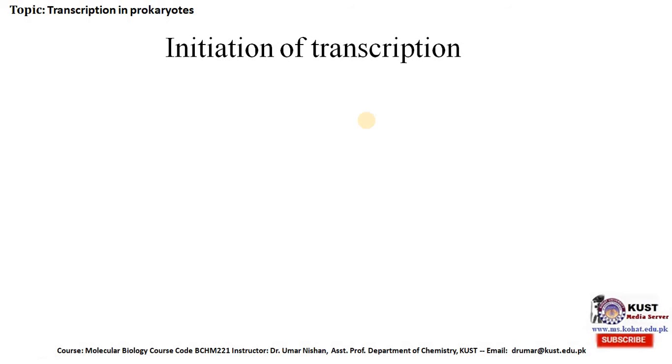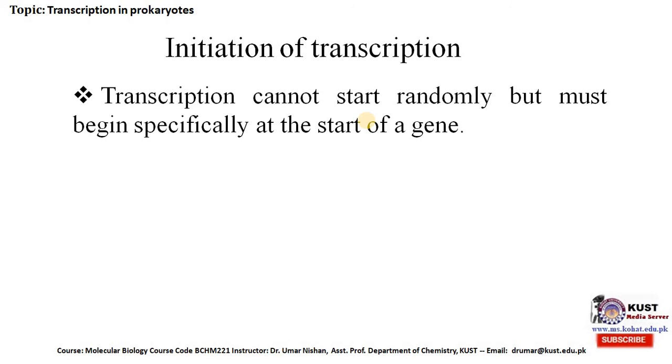Now, initiation of transcription. Transcription, as I told you, cannot start randomly, but must begin specifically at the start of a gene. Gene, you know, is the segment of DNA which codes for a certain protein.